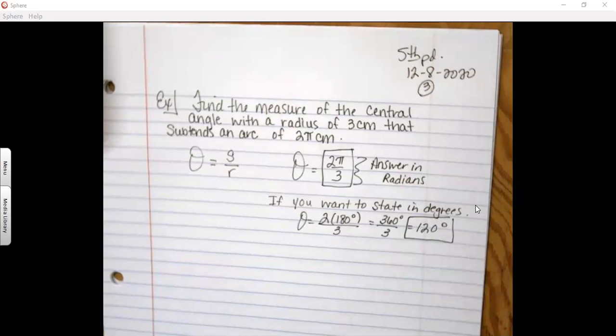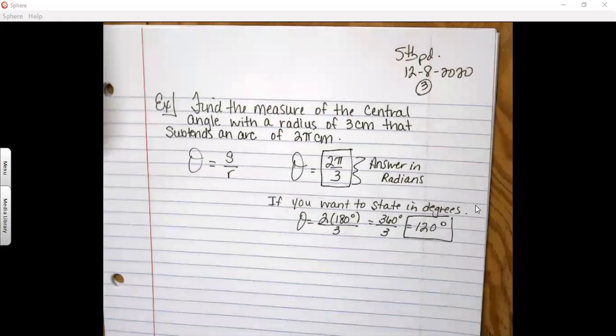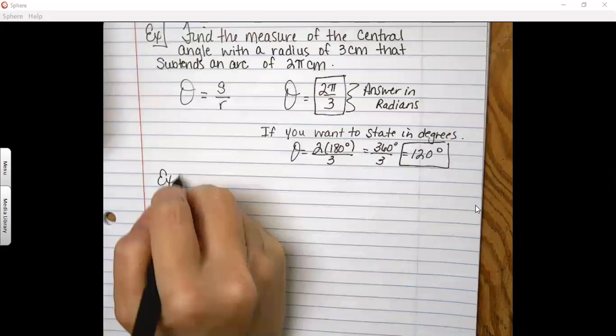Now let's do everybody's favorite word problem. I know how much you love them. But this is a really good SAT, ACT question. I know when I was helping my stepdaughter get ready for the ACT, there was a lot of trig stuff on there, radians and all that, and sine, cosine, whatever.